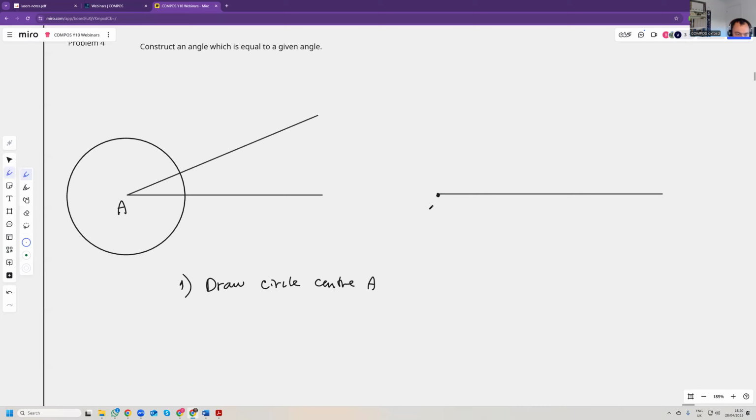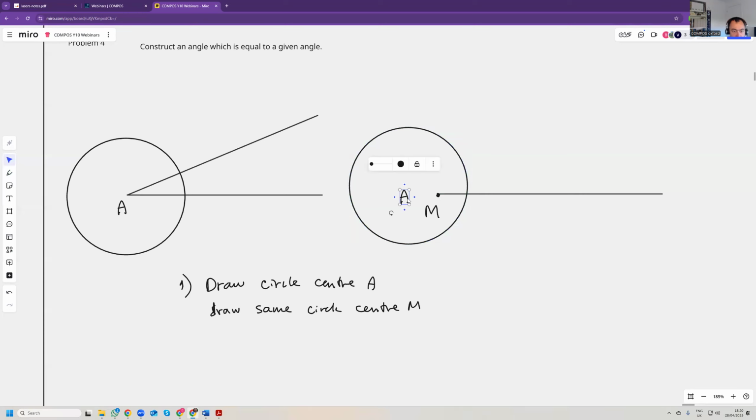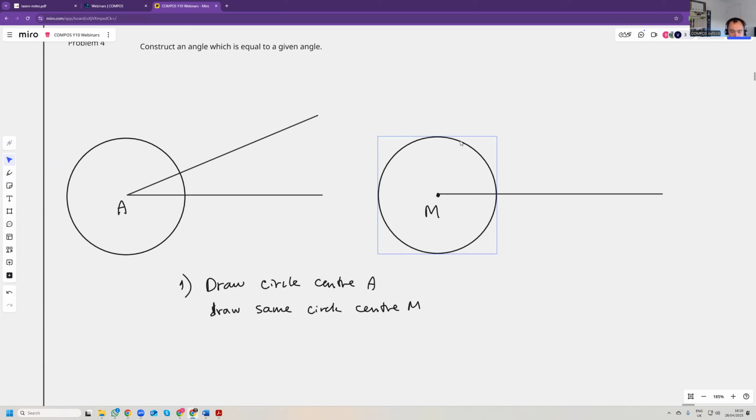Let's call it M. Draw the same circle, center M. We can do this because we can use our compass to draw two identical circles, right? We just don't change the settings.